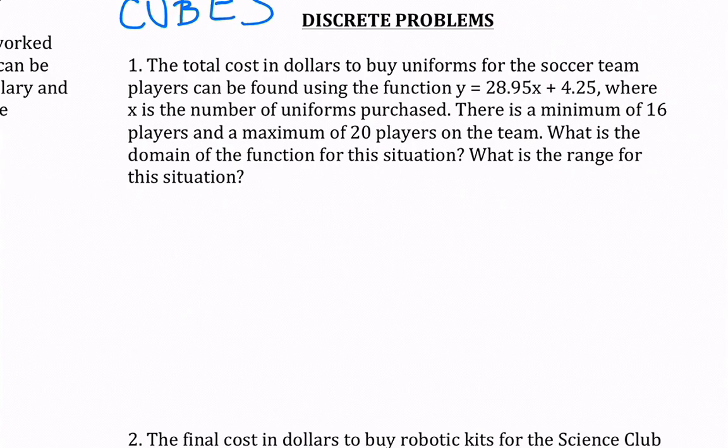Okay, so our C is going to stand for circle the key numbers. So I see 16 and 20, those are my key numbers. We need to underline the question, so U stands for underline the question. So what is the domain? What is the range?